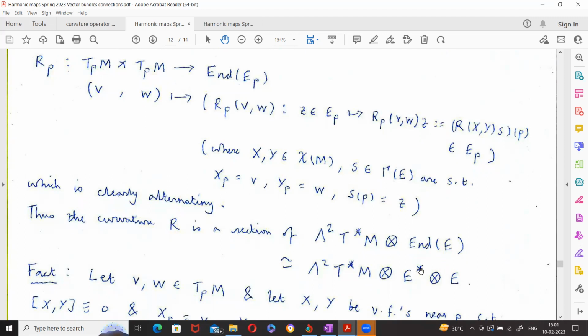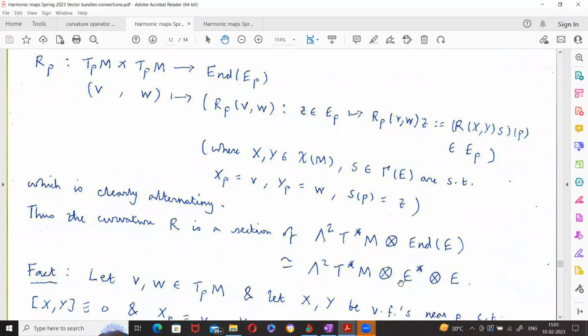So endomorphisms is E star tensor E, and here I have this wedge squared T star M. So this becomes a section of wedge squared T star M tensor E star tensor E. Okay, so that is what this object is, this curvature. It's a section of an associated bundle.